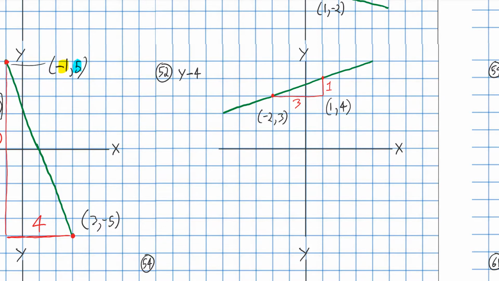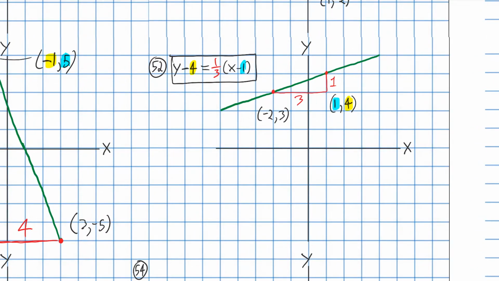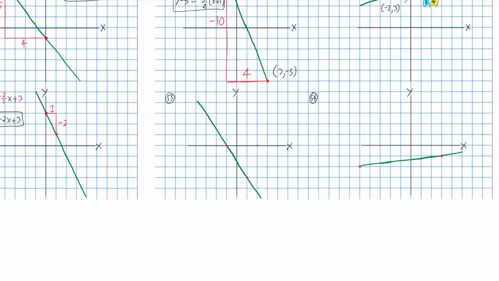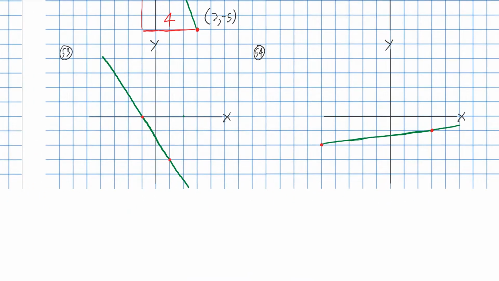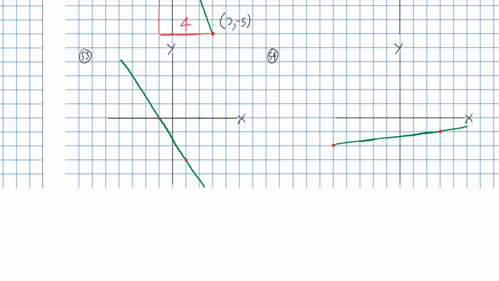I'm going to use the far point. So if you got that answer, good job. All right. 2 more of these types of problems, and then we'll go on to some really easy stuff, and then we'll be done with this class. So try number 53. When you come back, we'll do it together.